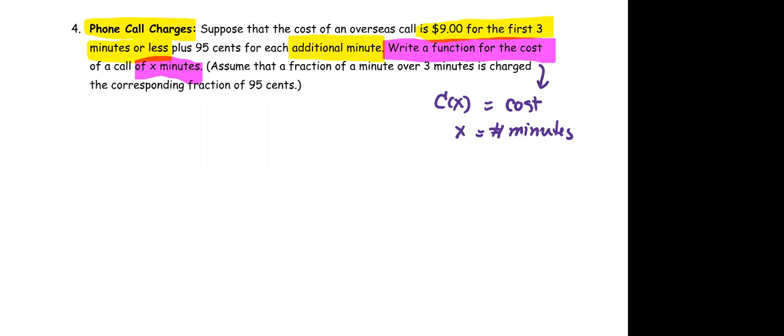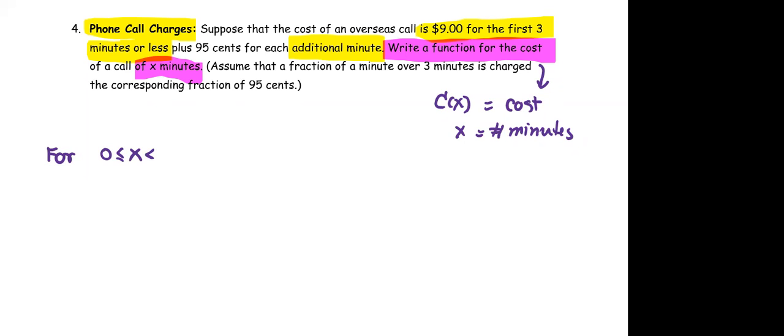Now, look at the information that we have. For the first 3 minutes or less, key term, right? First 3 minutes or less, you pay $9. We're going to have the option here for x as the number of minutes, starting making a phone call at the point 0 of the time, right at the mark of the 3 minutes.